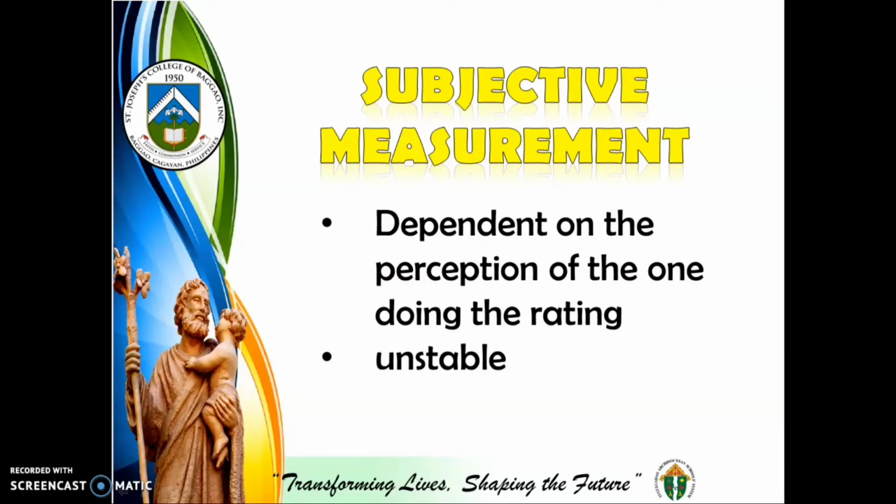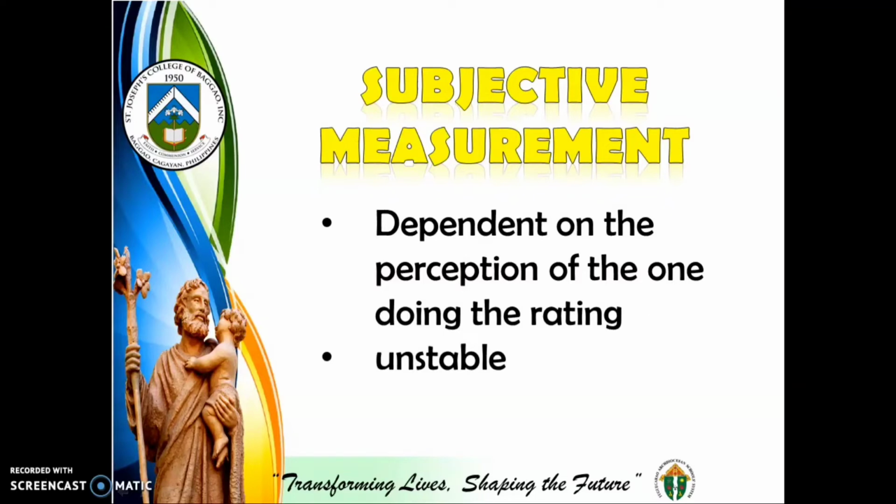So for you to understand better, I'll provide an example. Say, for example, the student's performance in a play, or let's say checking essays. Thus, it depends on the assessor, the rater or the checker who rates it.